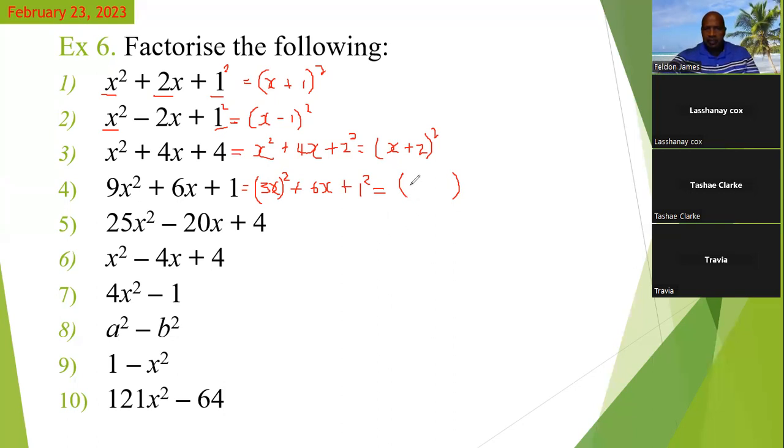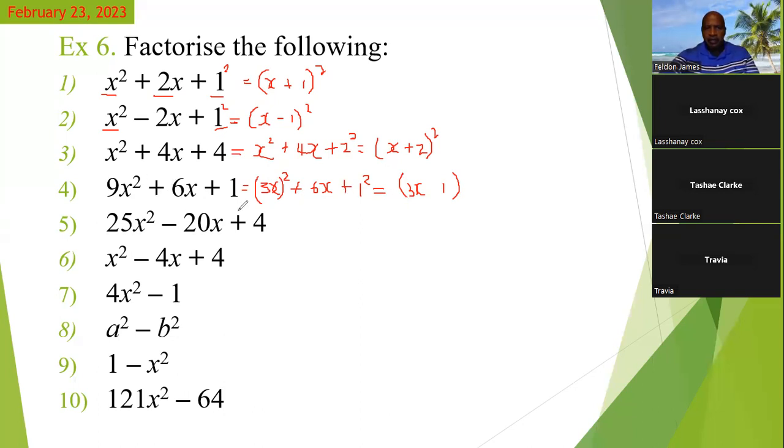Exactly. And what is the base of the last term? 1. And those are what we're putting in the brackets, right? Yes, sir. But what sign are we going to put now? The negative and positive is when you're doing difference of squares.